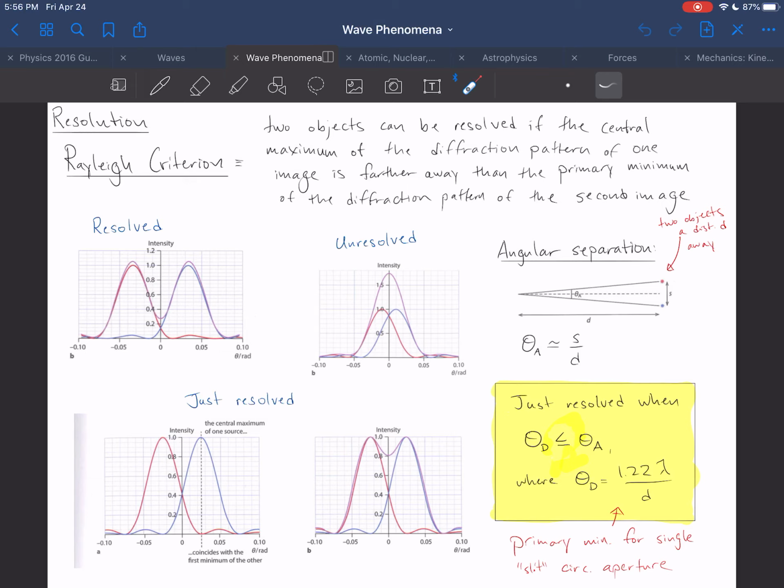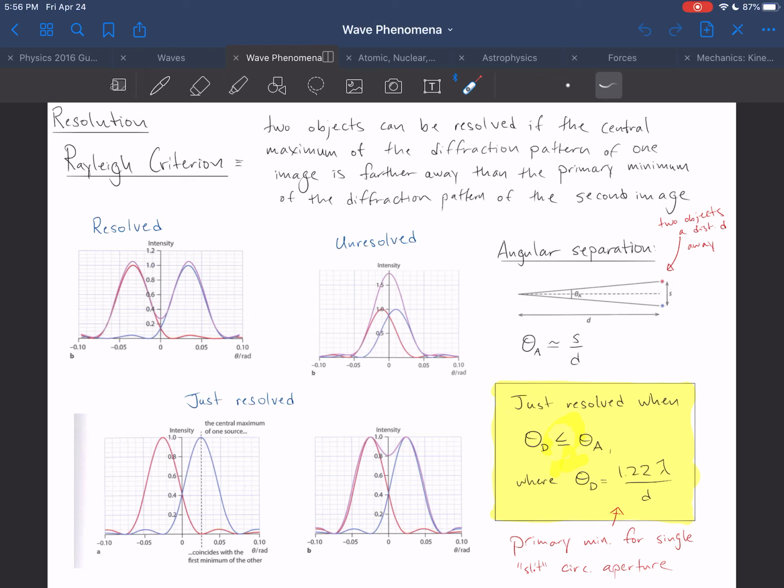Now, the Rayleigh criterion says that the two objects can be resolved if the central maximum of one of them is farther away than the primary minimum of the other. So this is the point at which they're just resolved. Now, how far is that distance?